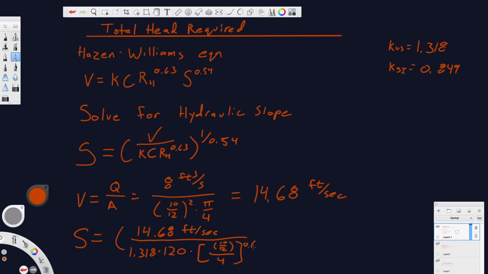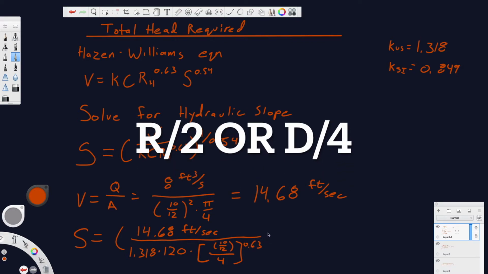And that's just, if you were to do the math and solve it, that's going to be what you have for a pipe flowing full. But again, since that is so typically used, that's another value that's worth just knowing off the top of your head. Look up hydraulic radius for pipe flowing full and just kind of have that one under your hat ready to go.